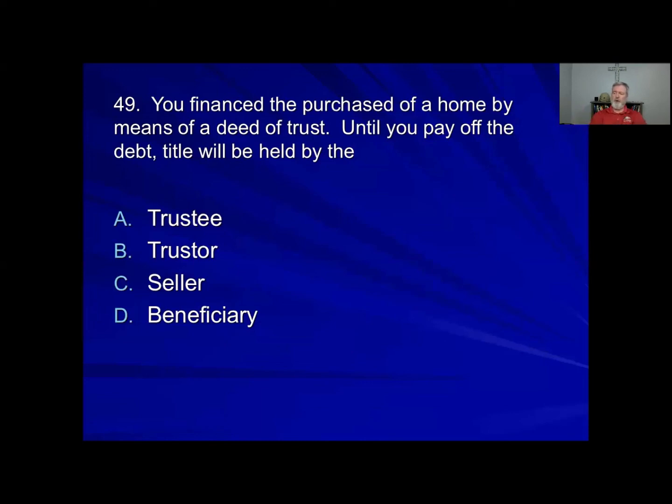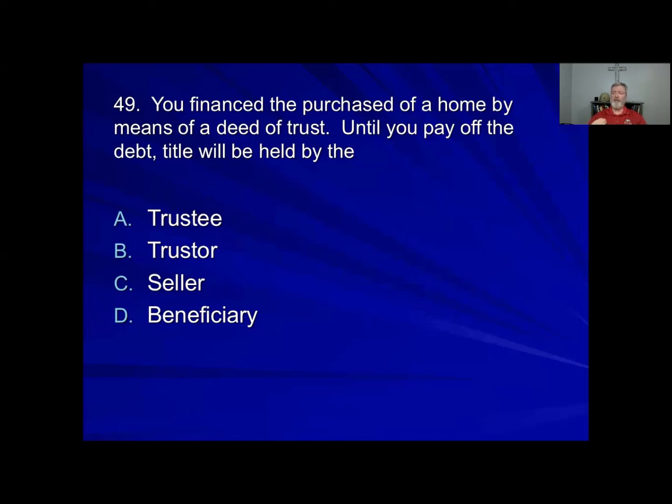So immediately, when we're asking who will title be held by, I'm thinking either A or B has got to be the right answer, right? Because we're dealing with the trust, so it has to be either the trustee or the trustor. And there's that EE and OR again. Well, who's going to be receiving the trust?